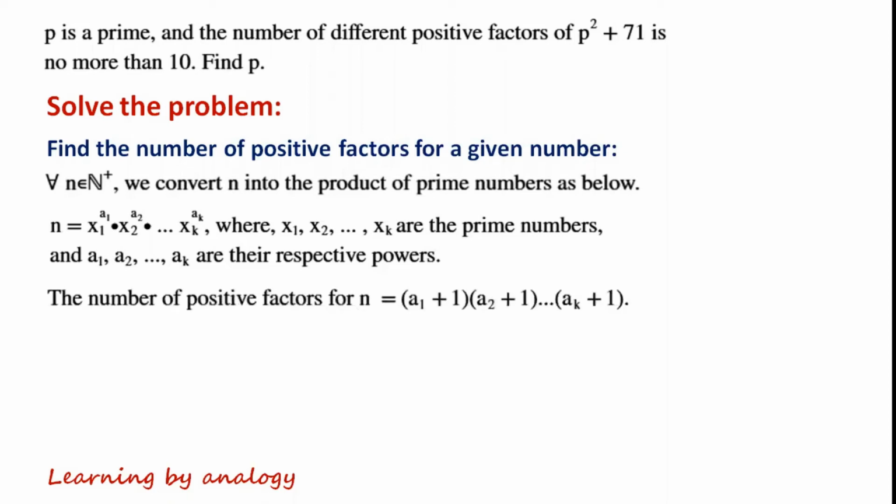The number of positive factors for n equals a1 plus 1 times a2 plus 1 times so on times ak plus 1.